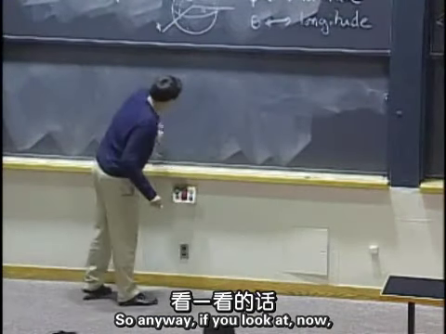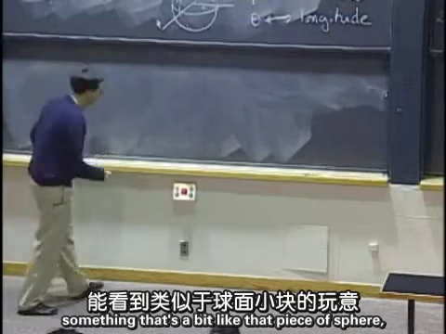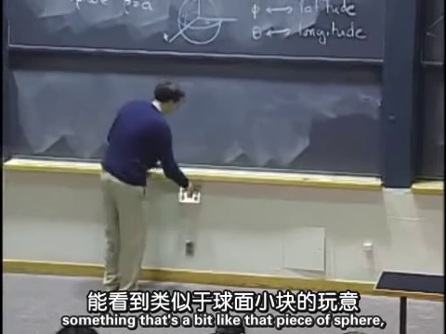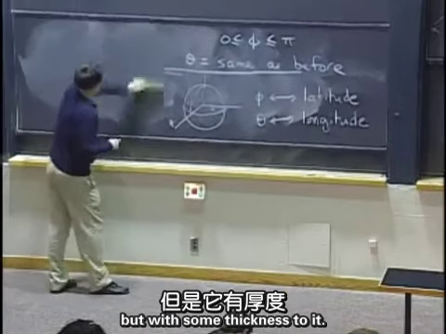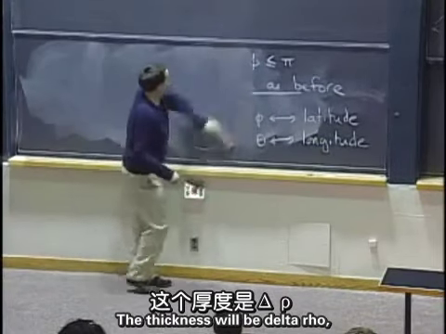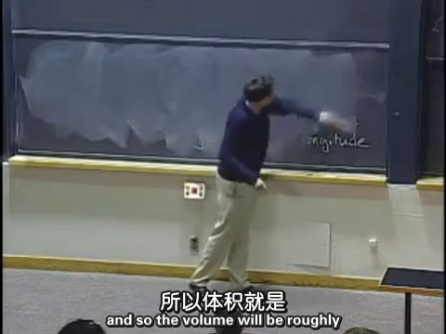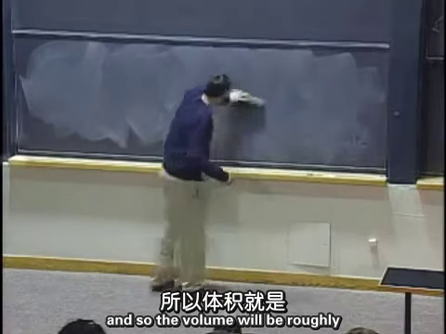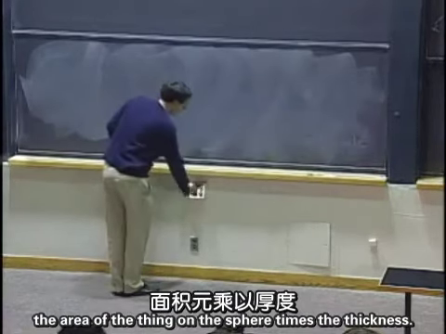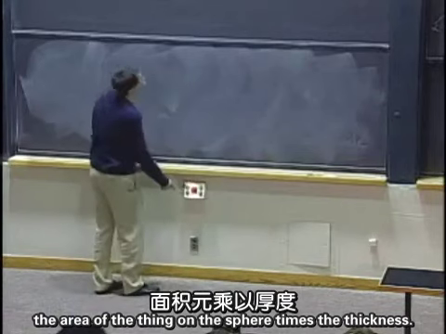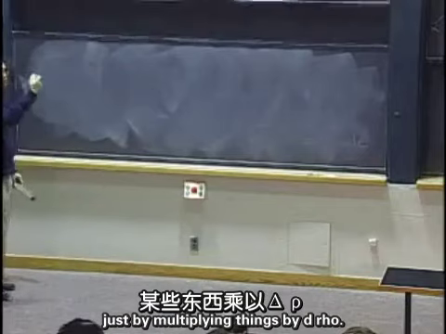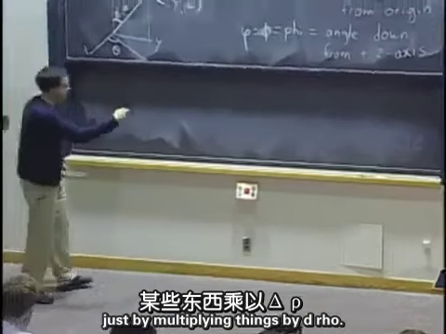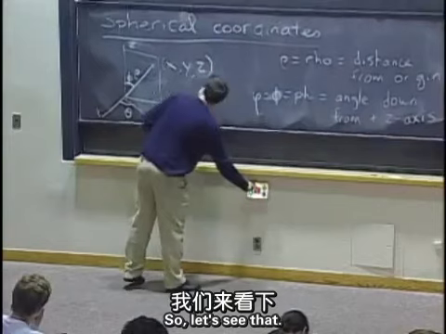So anyway, if you look at something that's a bit like that piece of sphere, but with some thickness to it, the thickness will be delta rho, and so the volume will be roughly the area of the thing on the sphere times the thickness. So I claim that we'll get basically the volume element just by multiplying things by d rho. So let's see that.